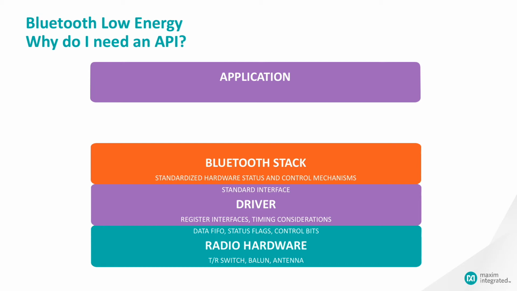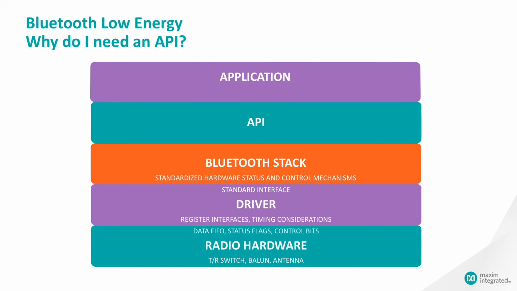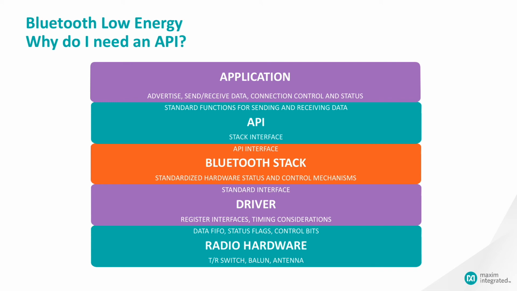And that's the job of the API. The API remains constant regardless of the internal structure or operation of the stack. The API and the stack communicate over a standardized interface, and the API and the application talk over a published set of rules that are collectively called the API. The API exposes standard functions, and the application gets to send and receive data the way it wants.